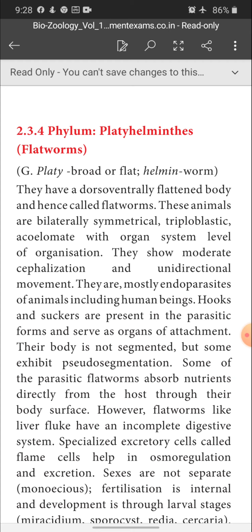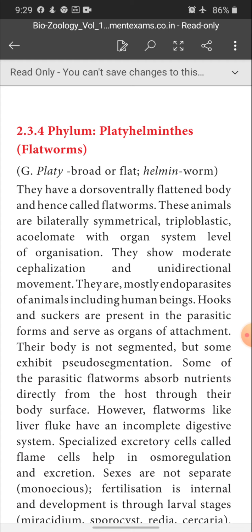Endoparasites. So these animals of the Phylum Platyhelminthes live inside the host body including human, hence they are called endoparasites. Next one, what are hooks and suckers? These are the apparatus which help for attachment inside the host body.